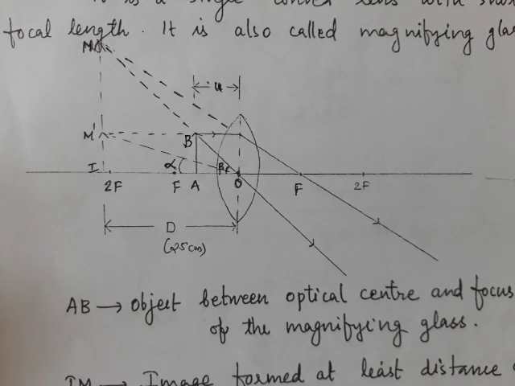This is not practical here, as the image is virtually formed in front of your eyes. So we take the angular magnification, which is the ratio of the angle made by the image at the eye when it is at D, divided by the angle made by the object at D.